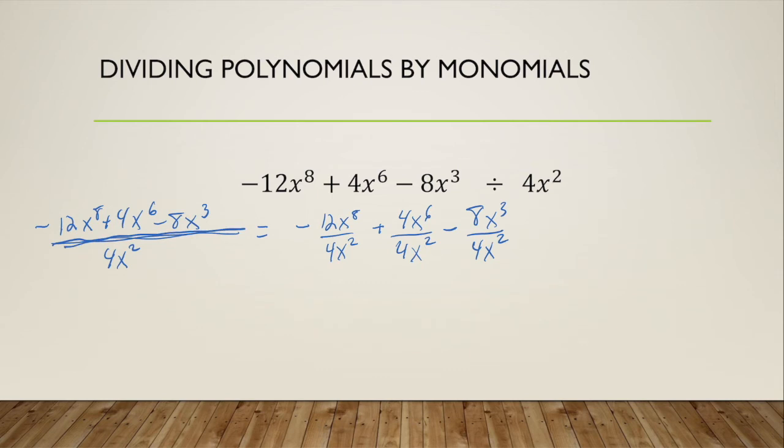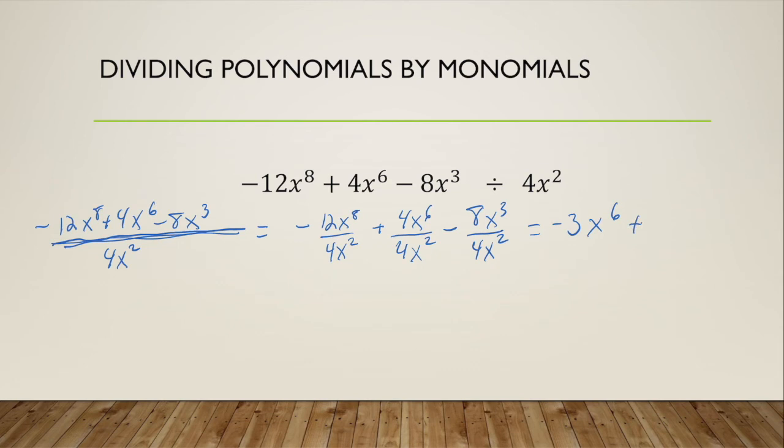So now I need to simplify each term by dividing the coefficients and then simplifying the variables. So I have negative 12x to the 8th over 4x squared. Negative 12 divided by 4 is negative 3. X to the 8th divided by x squared is x to the 6th. If I have 4x to the 6th divided by 4x squared, my 4's cancel, so I'm left with 1.